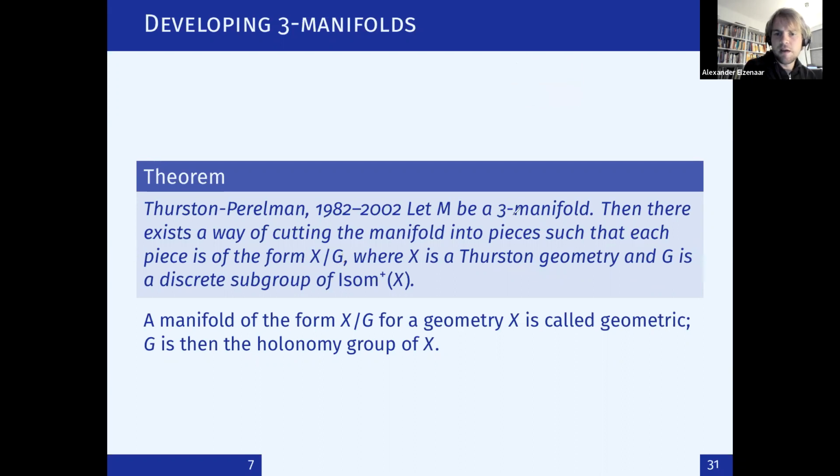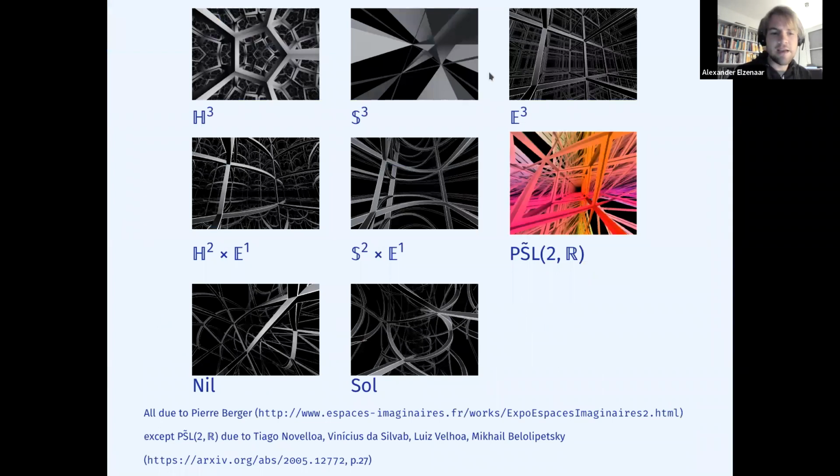But I want to actually show you what all the Thurston geometries look like, because there are only 8 of them, and normally you don't see this in undergraduate courses. So analogous to the surface case where there were 3 geometries: hyperbolic geometry, spherical geometry, and Euclidean geometry, in 3 space there are 8 geometries.